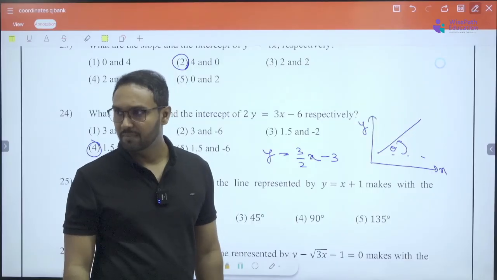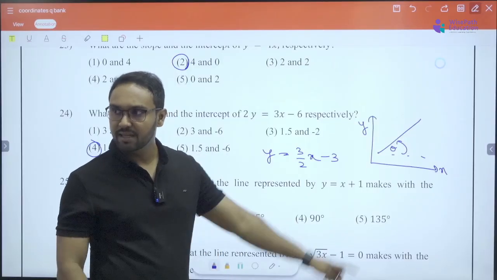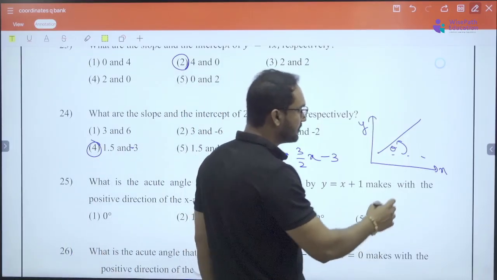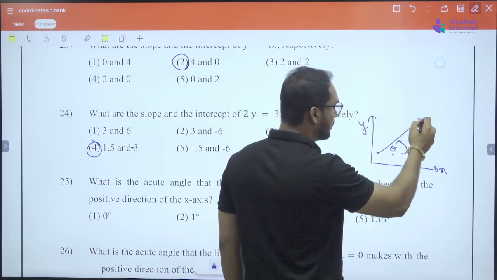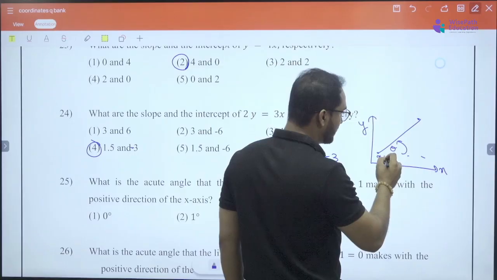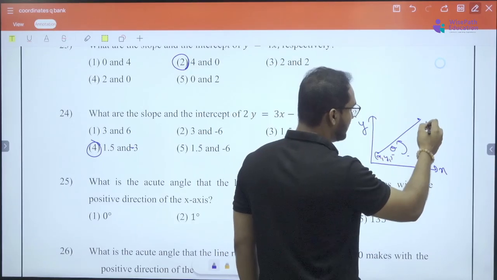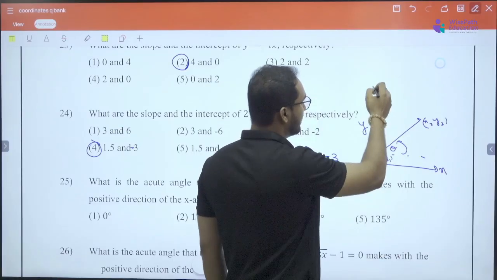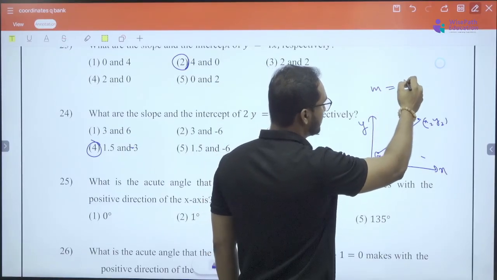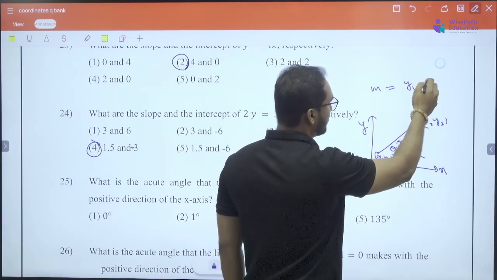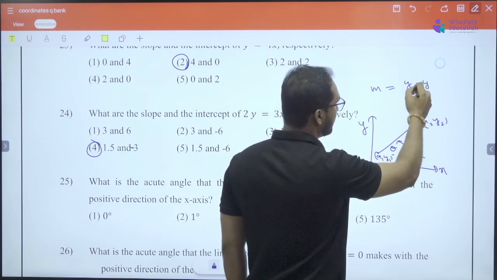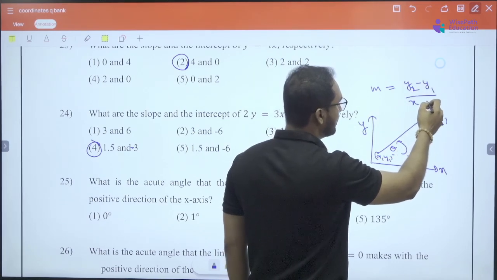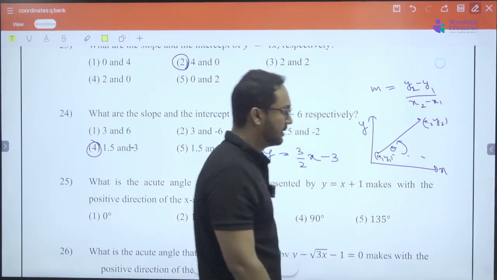We call M the gradient. Y equals mx plus c, that M is the gradient. So how do you take the M? Take two points, x1, y1 and x2, y2. M equals the difference of the two y coordinates divided by the difference of the two x coordinates, that is the gradient, right?